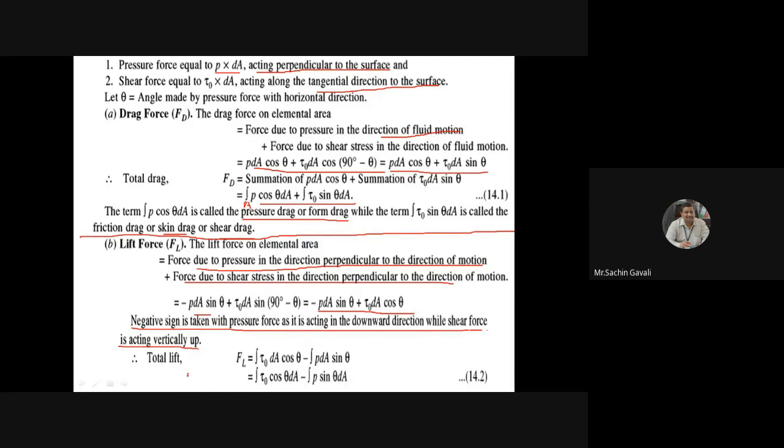This will be the total lift force on the body. The lift force on the elemental area we can denote by dFL, though they have not denoted it. dFL means the lift force acting on the elemental area, and FL means the total lift force. Like this, dFD means the drag force acting on the elemental area, and total FD is on the body, for your convention.